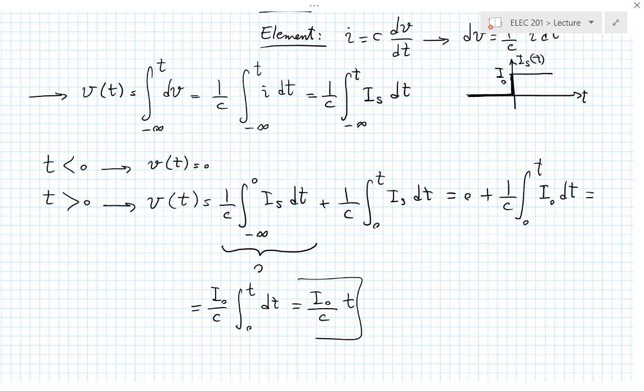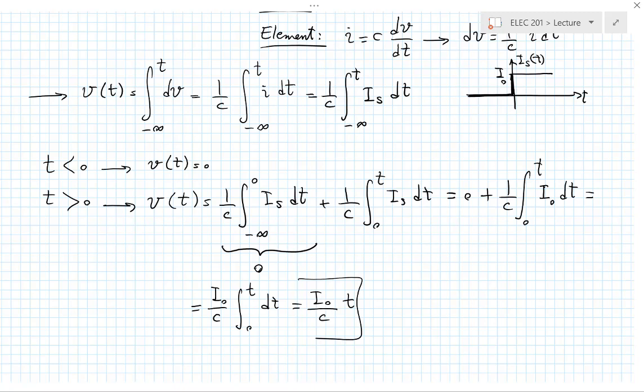I just broke up the integral. The integral is supposed to be from minus infinity to t, so I broke it up into minus infinity to 0 plus 0 to t. The reason I did that was because Is had different values in the two intervals.